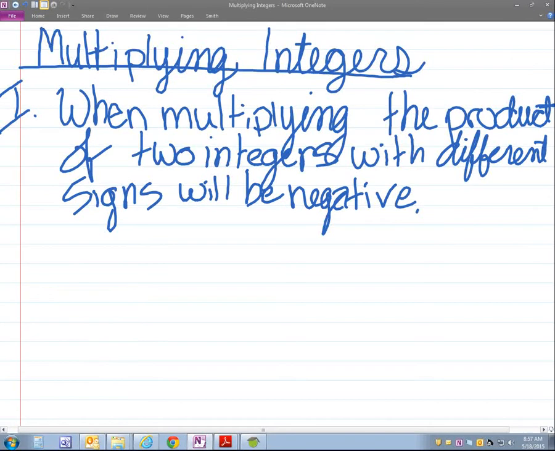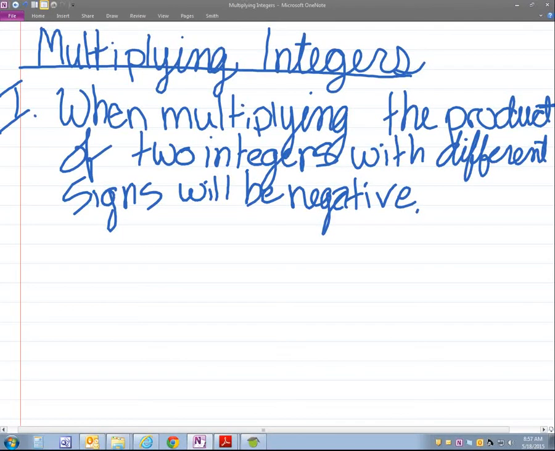So I could just say the product of two different signs is going to be negative. The product of two integers with different signs will be negative. Just as a reminder, a product is the answer to a multiplication problem.